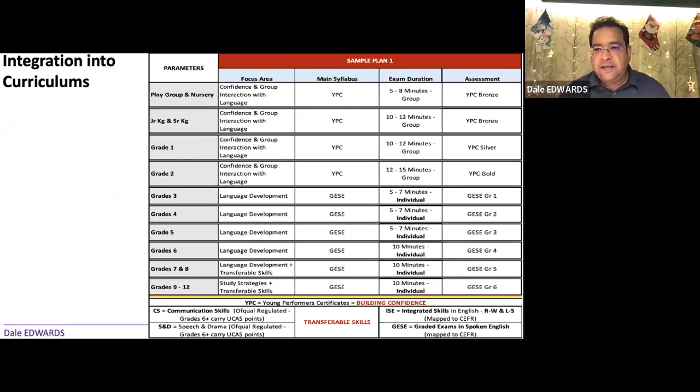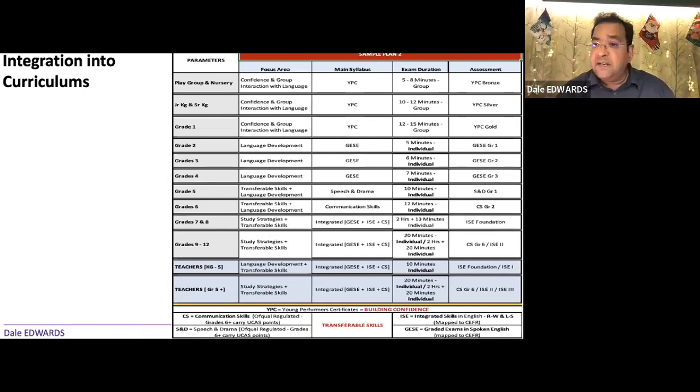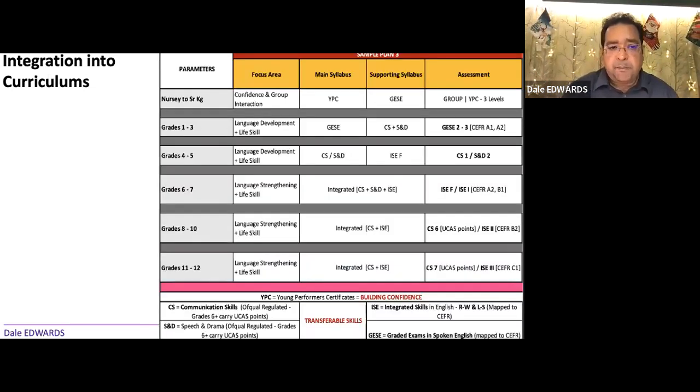We've seen basically 3 types of schools, and hence I've put sample plan 1, sample plan 2, and sample plan 3. Each one is for a different mold of school. And by the way, you can always reach out and ask for help to understand this, or to even devise one unique to you. So this is sample plan 2, and this is sample plan 3.